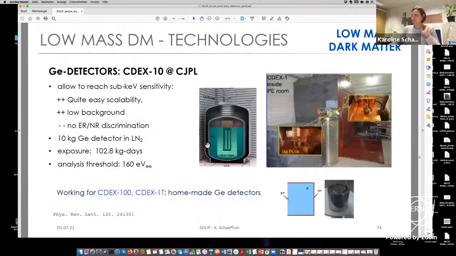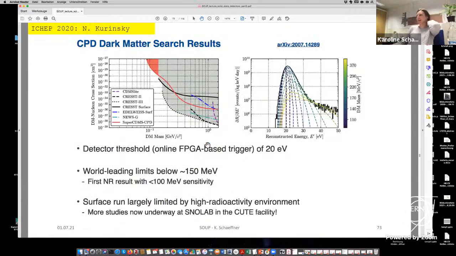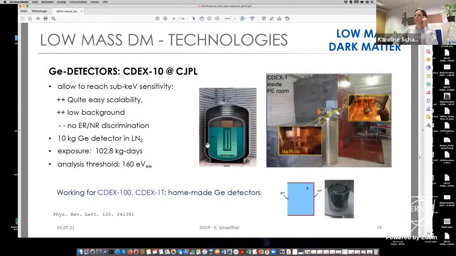Okay, so this is so far the cryogenic experiments. I told you about CRESST, EDELWEISS, and CDMS, and now I will add one slide with a brief summary on an ionization detector, which is called CDEX.